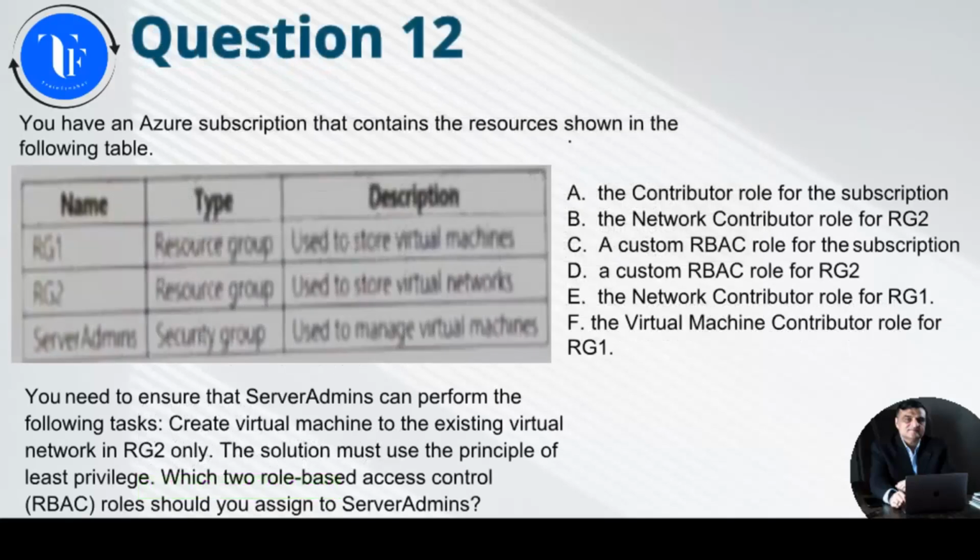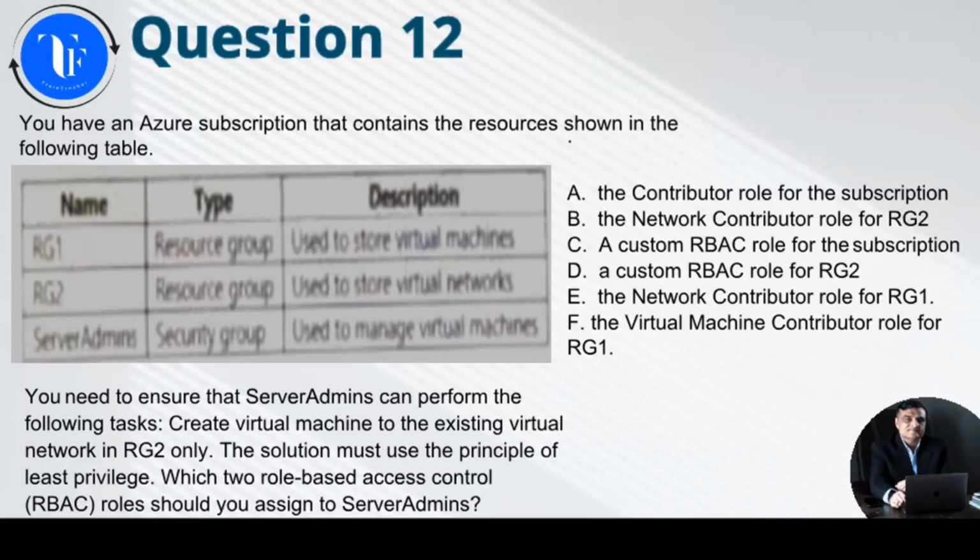Question 12. You have an Azure subscription that contains the resources shown in the table. You need to ensure that server admins can create virtual machines connected to the existing virtual network in RG2 only. The solution must use the principle of least privilege. Which two role-based access control (RBAC) roles should you assign to server admins?